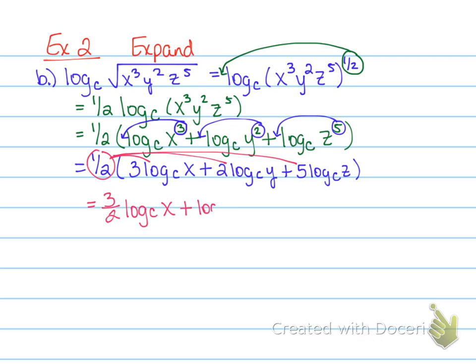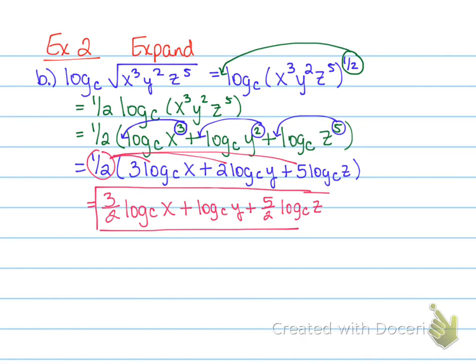So that's just going to give me log base c of y, because 2 times 1/2 cancels, or it's 1, plus, then I have 1/2 times 5 log base c of z, so it gives me 5/2 log base c of z. And I can't do anything else to expand it, so there is my answer for B.